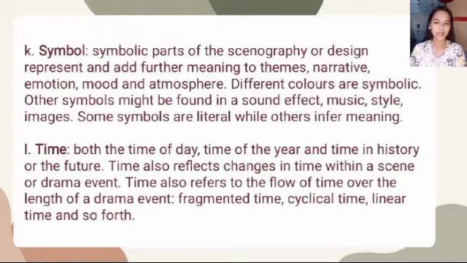So more generic use of time involves the future, although this can also be specific by stating the actual year. Time can also refer to how long the drama takes to perform. This can be of particular importance in naturalistic dramas where the length of stage time in a play may equal real time in the theater.